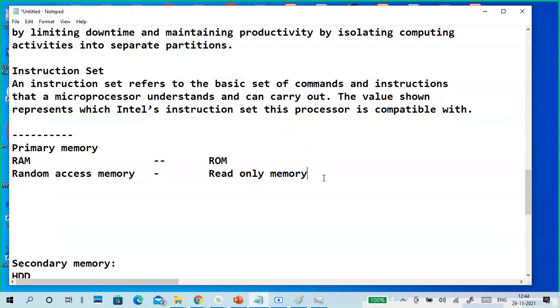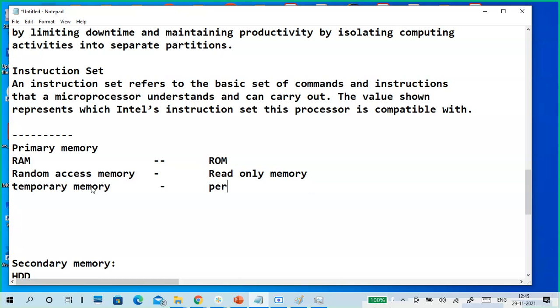Read only memory means I can't change the data. Once data is written, we can't change the data. So that is called a ROM. RAM is a temporary memory. You all already know, but I'm just telling.